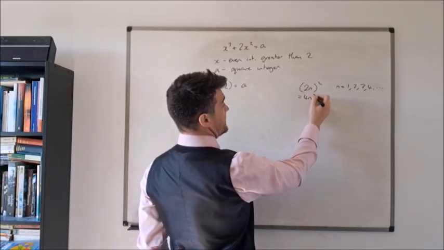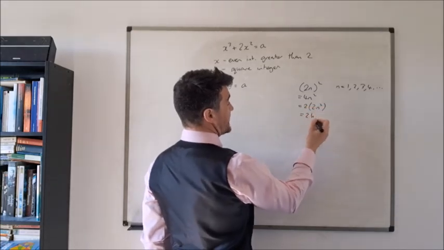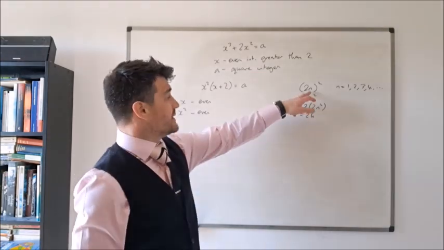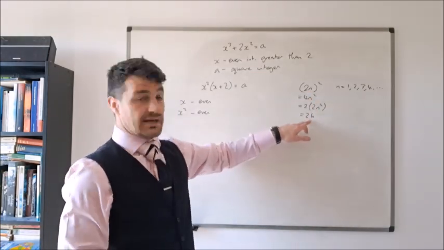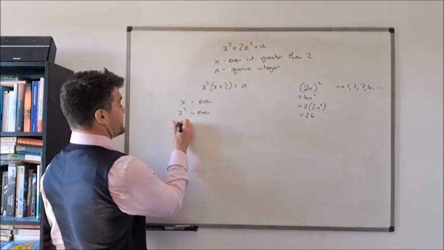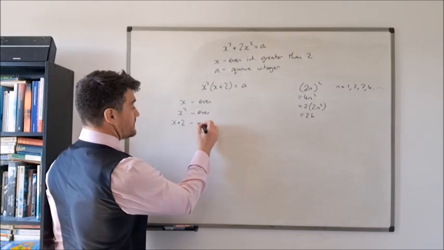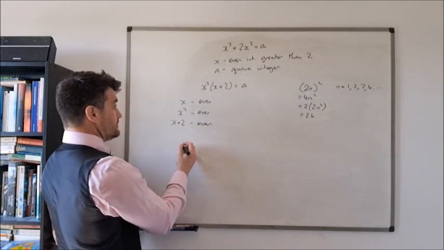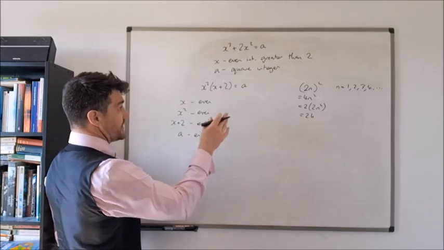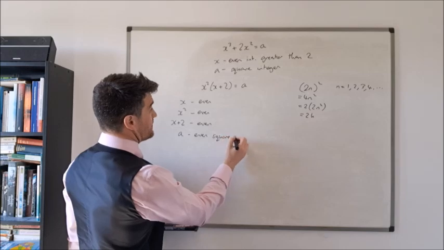I get 4n squared, which is going to be twice 2n squared, which is 2k. So in other words, when I square an even integer, I get a correspondingly even integer. x plus 2 must be even as well. And therefore a is going to be even. But we also know that a is a square number, so it's an even square.